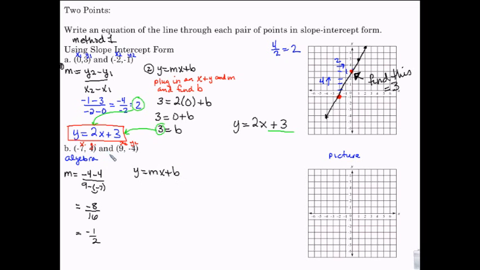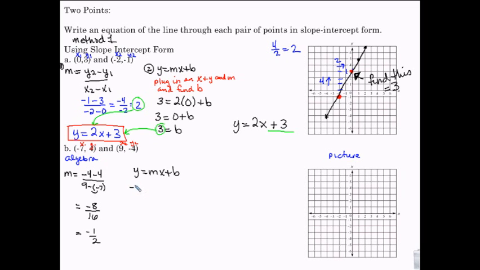And it doesn't matter which of these points you pick, you'll get the same answer because they're on the same line. So you can pick either point. You pick the one that you like the numbers better. Doesn't matter which. So negative 7, positive 4 or 9, negative 4? Any preference? Second one?